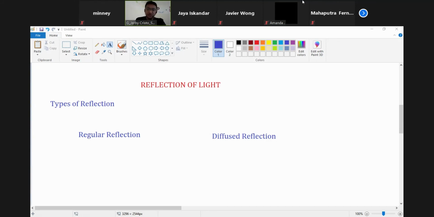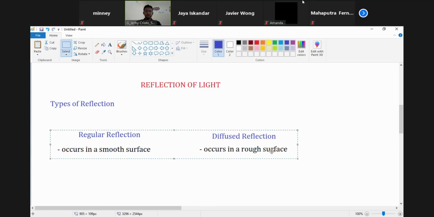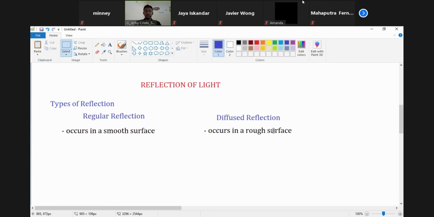How about the formation of the light rays in a regular reflection and diffuse reflection? How do you compare the direction of the light rays that are reflected back in a regular and diffuse? How do you compare the formation of the light rays?